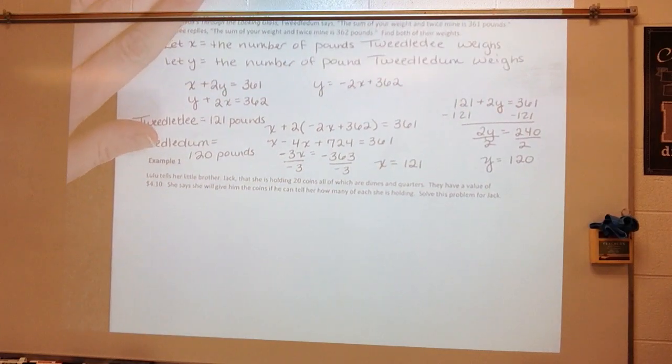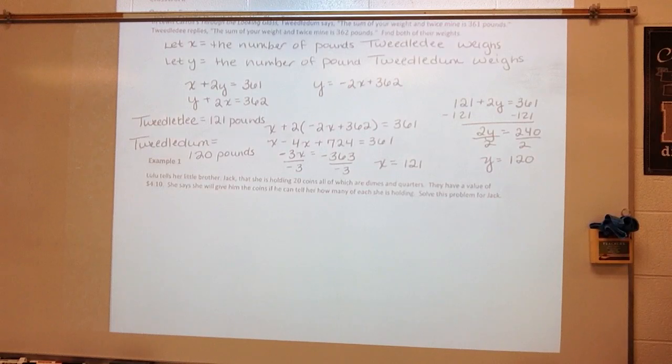All right, example number 1. Lulu tells her little brother, Jack, that she is holding 20 coins, all of which are dimes and quarters. They have a value of $4.10. She says she will give him the coins if he can tell her how many of each she is holding. Solve this problem for Jack.